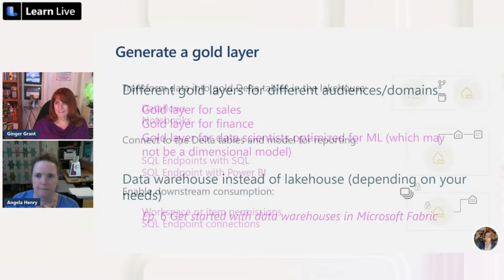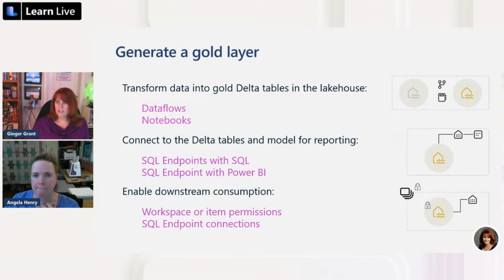Nice. Yeah. So we can, of course, transform our gold layer using delta tables. We definitely want to use delta tables because that turns our files into a database, and so we can connect to those delta files using SQL endpoints with Power BI.